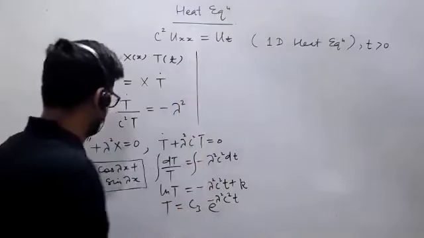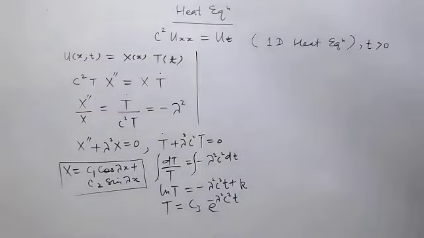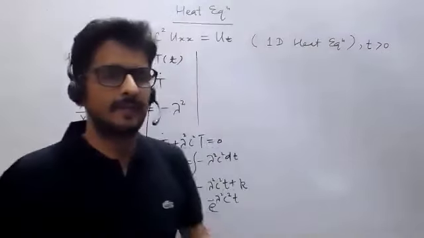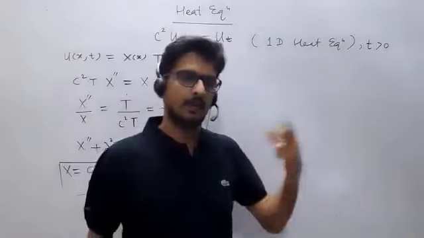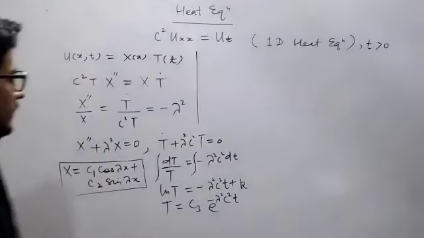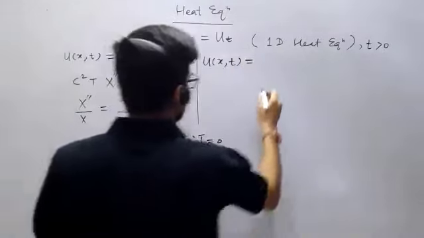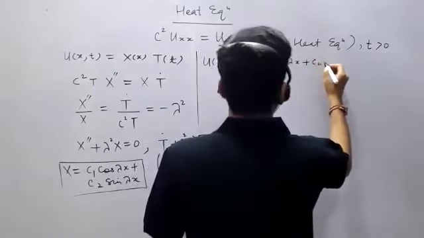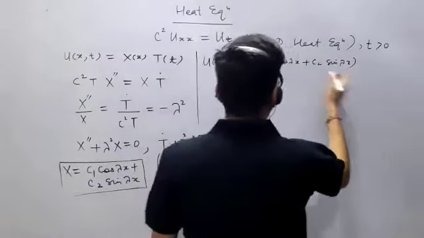Tell me. This kind of mathematics is very important for physics, because most of the time your equations in physics will be some form of partial differential equation. So if you are okay with this, you are okay with the Schrodinger equation and many other equations coming in physics. Okay, so u of x comma t is given by c1 cos of lambda x plus c2 sine of lambda x, into c3 is absorbed here.